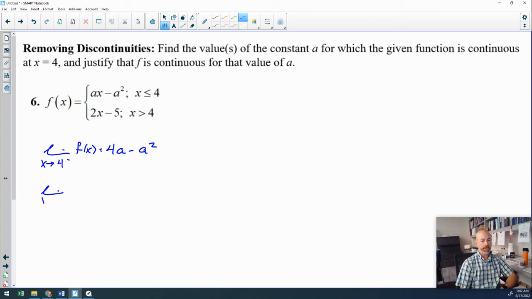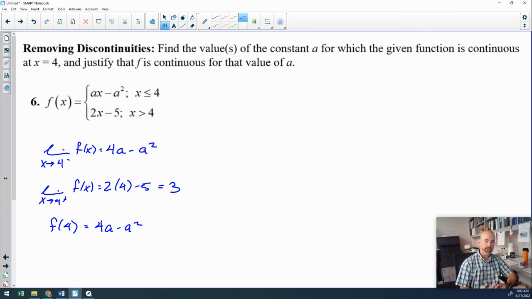The limit as x approaches 4 from the right of f of x is 2 times 4 minus 5. That is 3. And then f of 4 is, again, that top piece, which we have the a's in. So that would be 4a minus a squared.